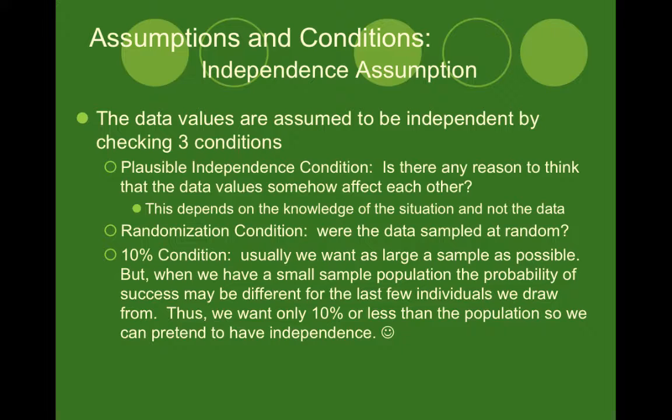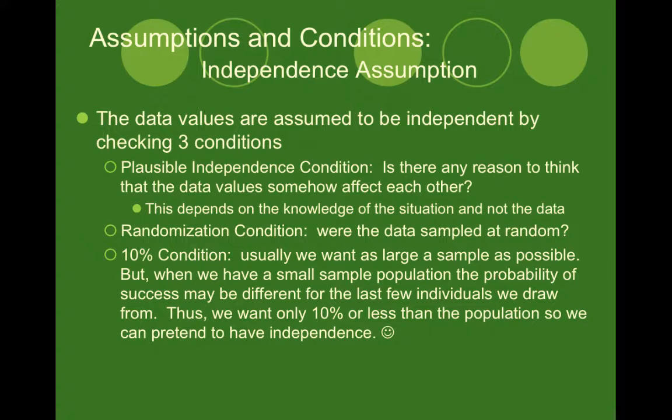And then we have the 10% condition. Usually we want as large a sample as possible, but when we have a small sample population, the probability of success may be different for the last few individuals we draw from. Therefore, we really only want to have 10% or less of the population so we can pretend to have independence.